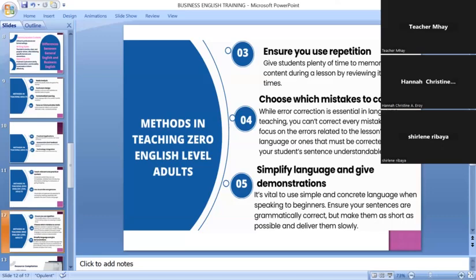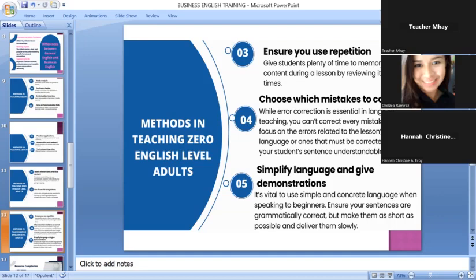They can memorize while we ask them to repeat, and that is effective in my experience. I have a 4 years old student, and I ask him to repeat every picture or every word that I show, and it is effective because it makes him memorize those things. In our next class, if I review, he will still remember that. So that is very effective in teaching zero English level, not just adults, but also young learners.